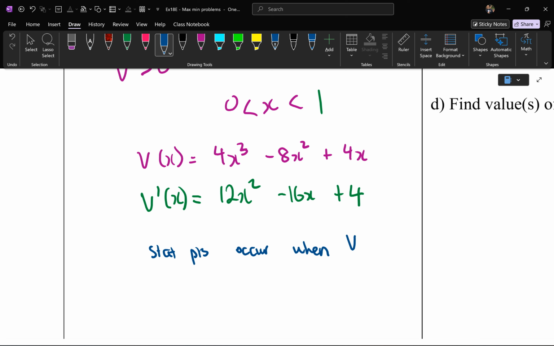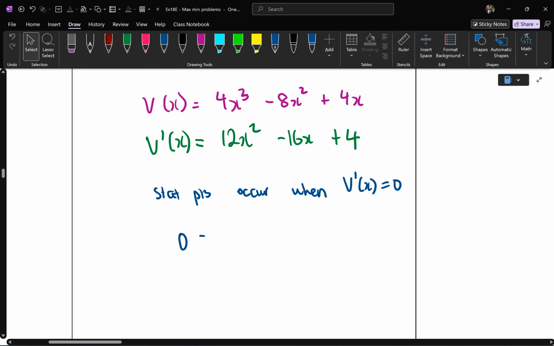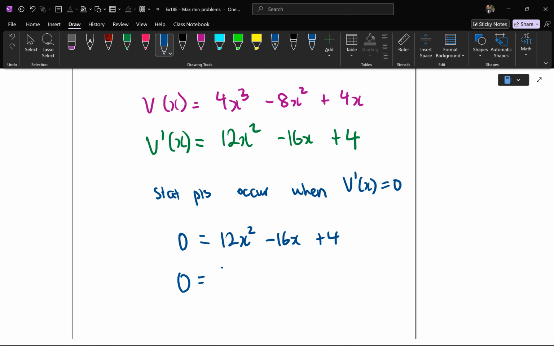So now the derivative is v dash x. We need that to equal 0. Let's solve for it. 0 is equal to 12x squared minus 16x plus 4. Factorize. All of this by hand. Obviously, if you did it on a CAS, it would be much quicker. I'm going to make it easier.